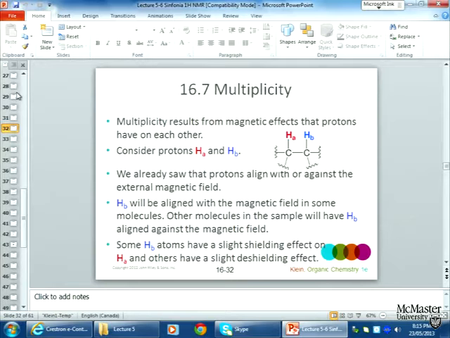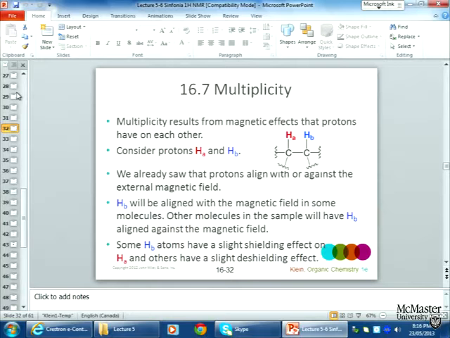Okay? It's a pretty small effect, as you might imagine. These 2 nuclei are not all that close to one another on average in most molecules. And so the tiny magnetic field created by the one nucleus spreads out through space, but eventually is felt by the nucleus next door.